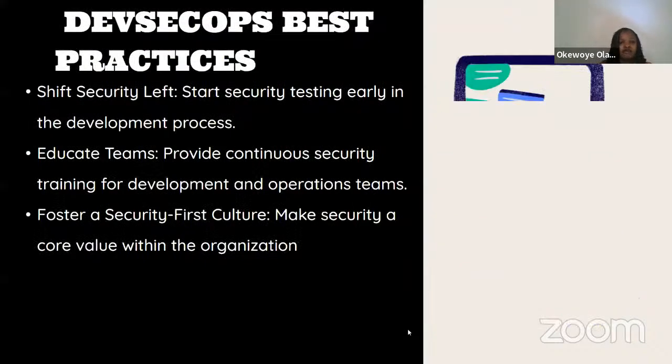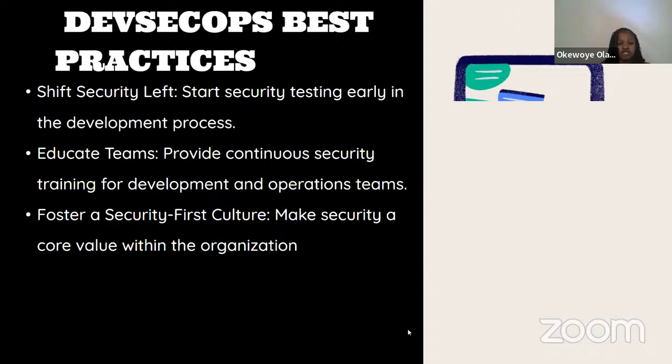So now we're moving to DevSecOps best practices. Number one, we have shift security left: starting security testing early in the development process. This is what we have been discussing right from the onset. Then educate the teams: provide continuous security training for development and operations teams.